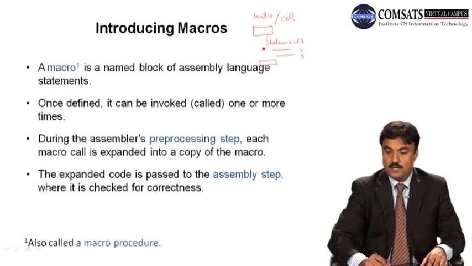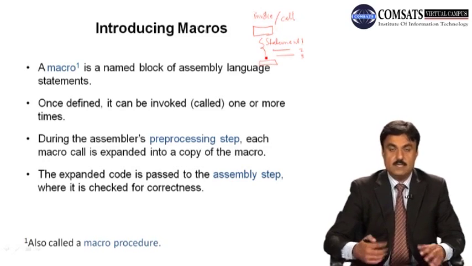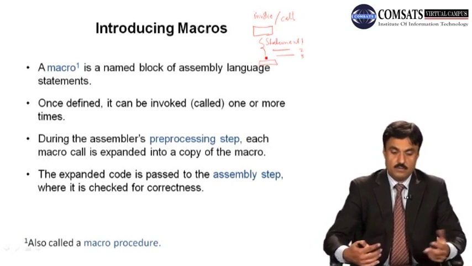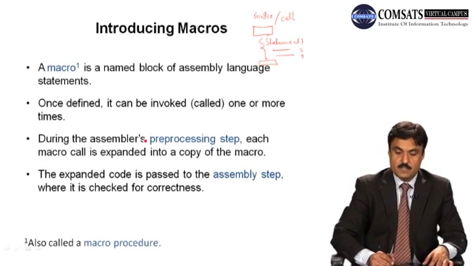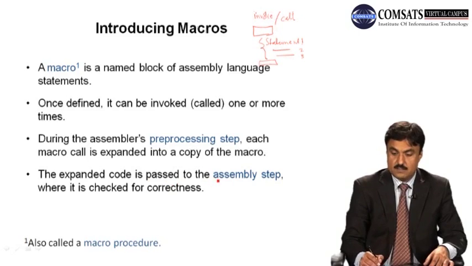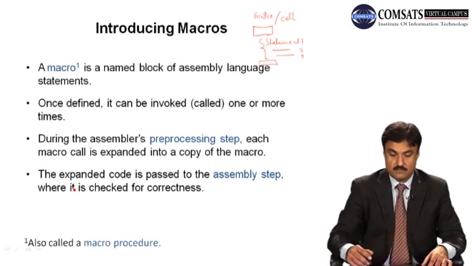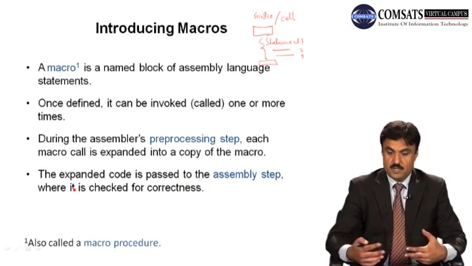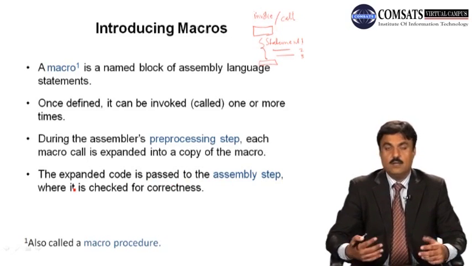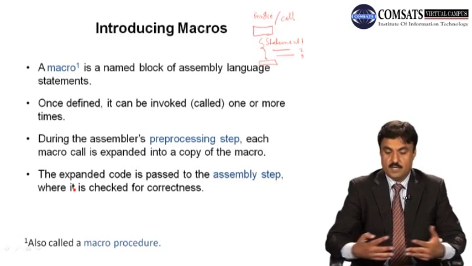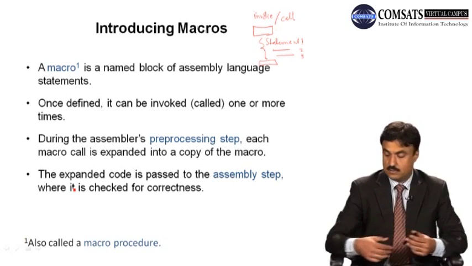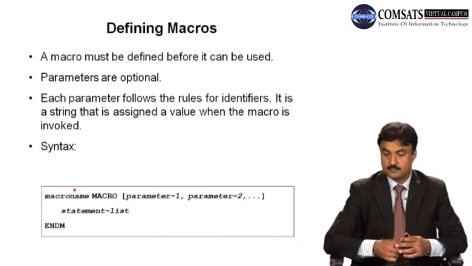For example, where you call this macro, all these statements are expanded inside the program where you call them, and the expanded code is passed to the assembly step where it is checked for correctness. So before the whole program is assembled, it has been expanded and checked for errors and so on.